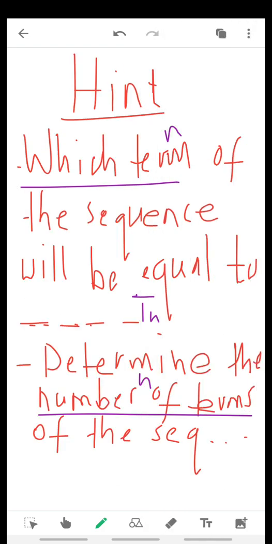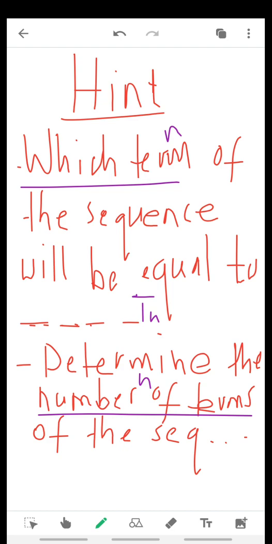Now, let me give you a hint. How do you know what the question is asking you to find? If the question says which term, automatically they are asking you to find n. Which term of the sequence will be equal to, they will give you a value, maybe 500 or 250.